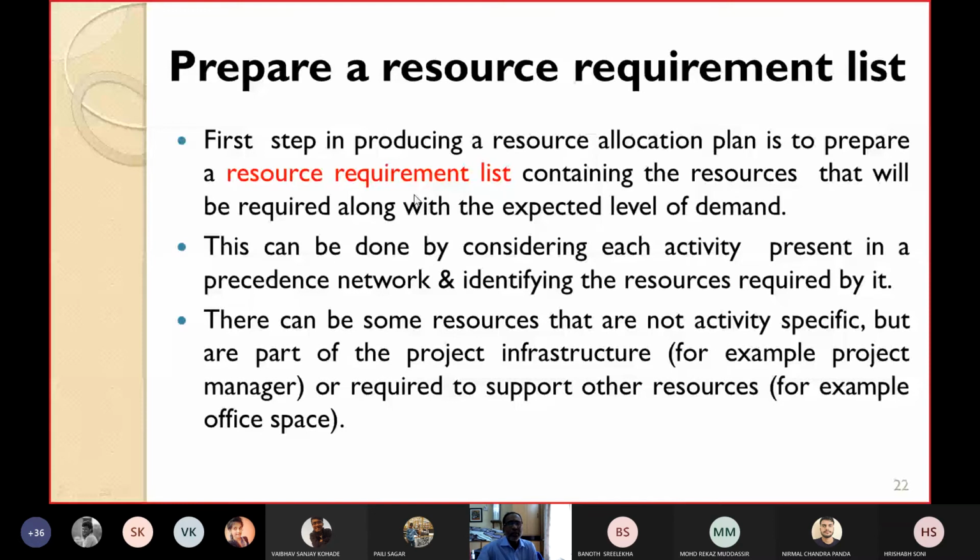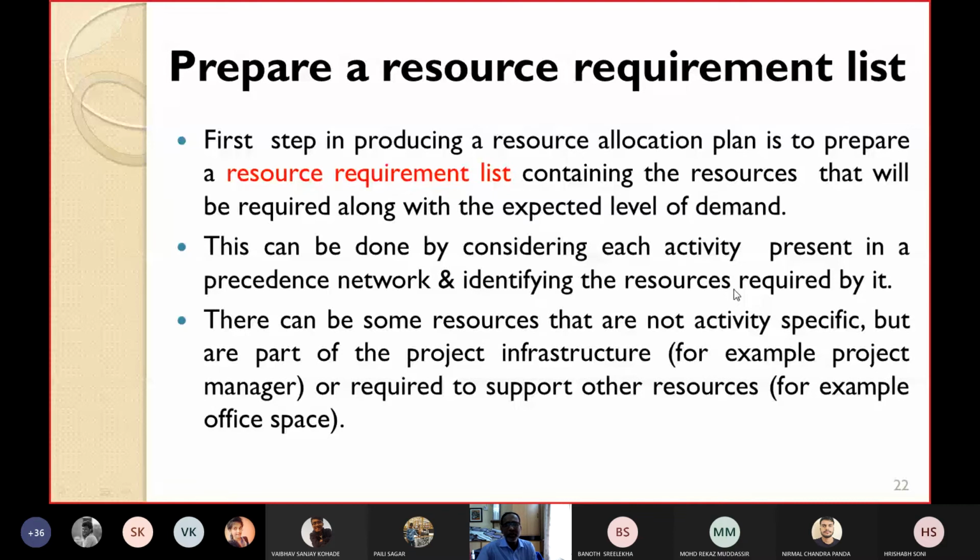Producing the resource allocation plan can be done by considering each activity present in a precedence network. So you have to consider each and every activity present in the network, and for each activity you have to find out what kind of resource it requires.